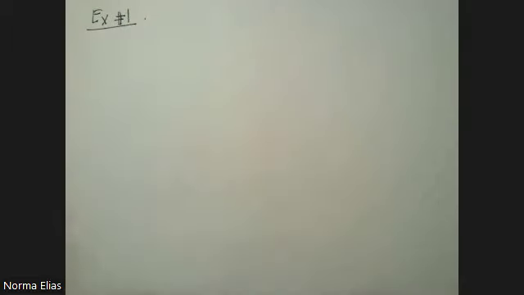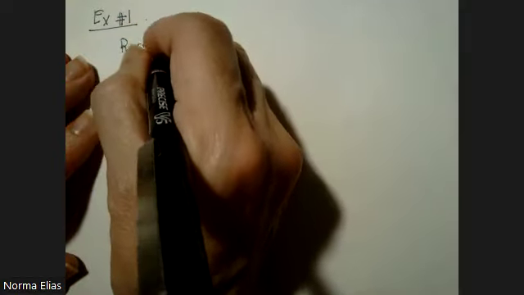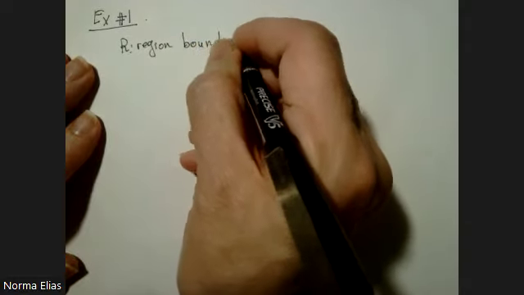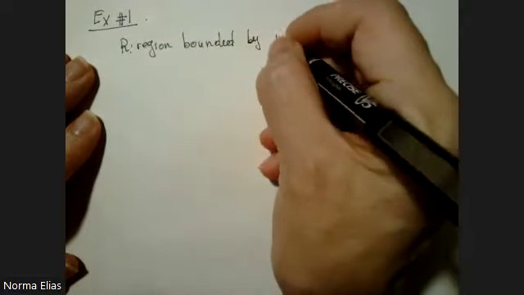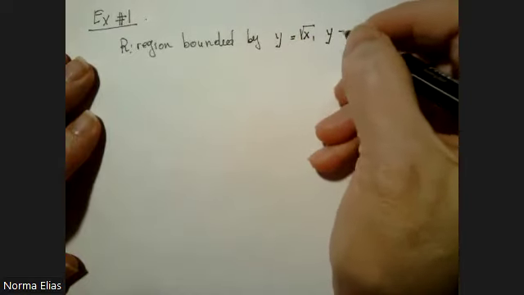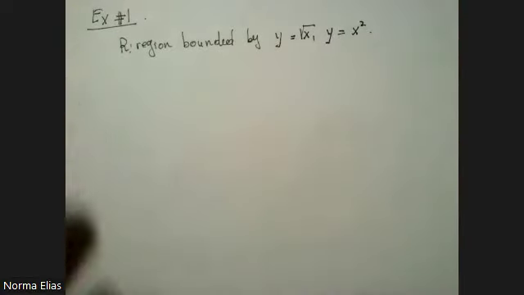So example number 1. And now I want you to be careful, and I will always be asking you the question: what's the inner circle radius? What's the outer radius? So example number 1. I'm going to take R to be the region bounded by y equal square root of x, y equal x squared.